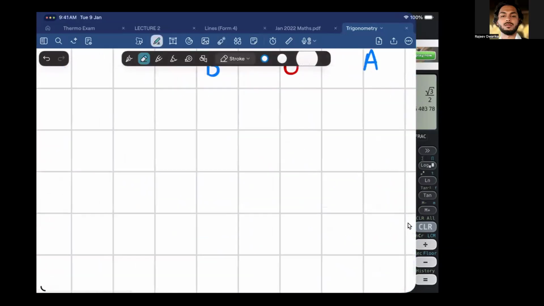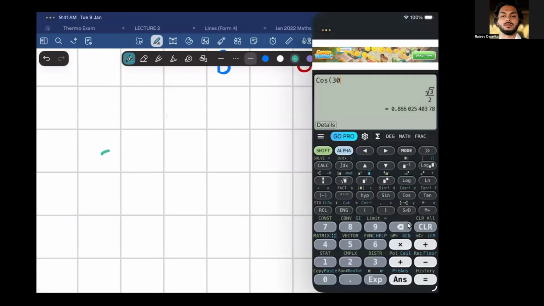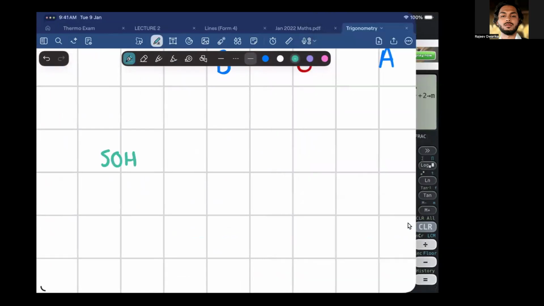All right. So first one is SOH. Then which one was the next one? It will be CAH, right? So what do you think the S stands for?